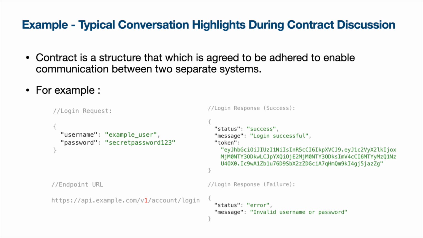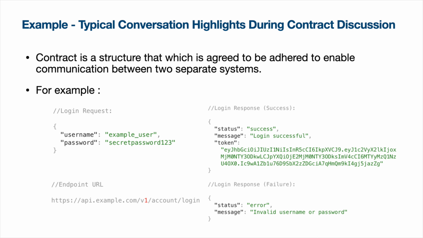Let's look at a real life example. The example shows a login request and login response, which is success and failure. It also depicts the endpoint URL. The backend team and the mobile team, which is consuming the login, would come together and agree on this contract.